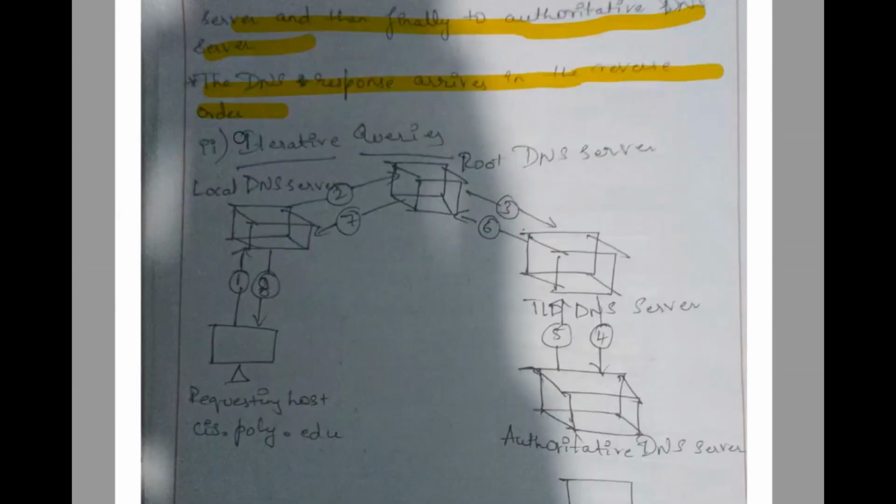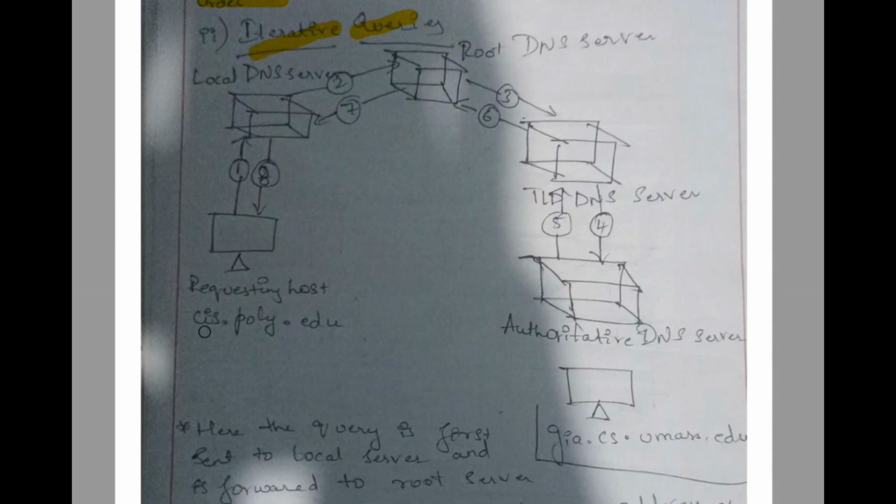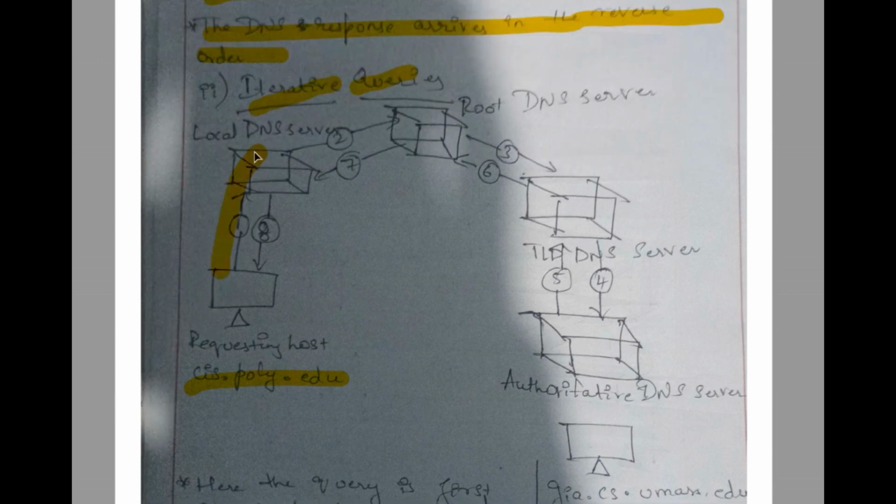Okay, iterative queries. Now a user wants an IP address for CIS poly.tdo, so he sends the query to the local DNS. The query is not present at the local DNS, so he sends the query to the root DNS.